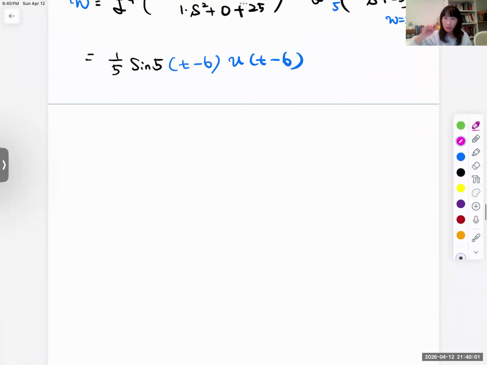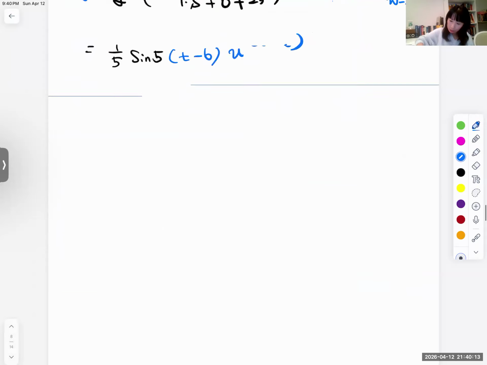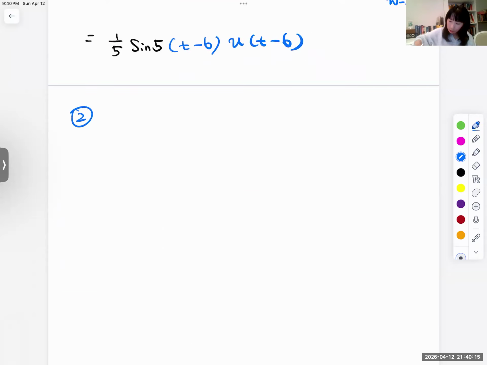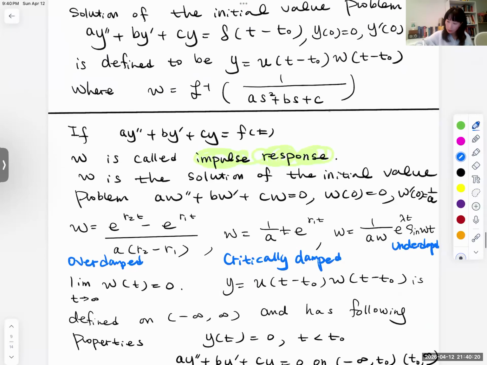Okay, I forgot to tell you another method here too. Other methods, number 1 and number 2. Let's talk about the impulse response, the underdamped case.